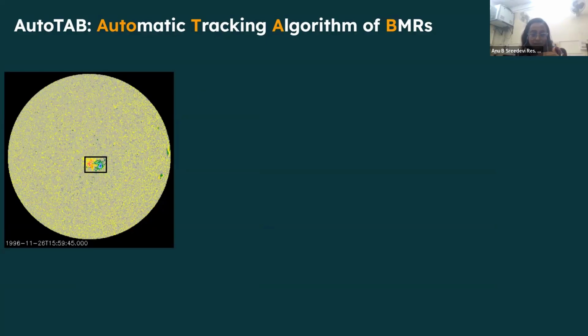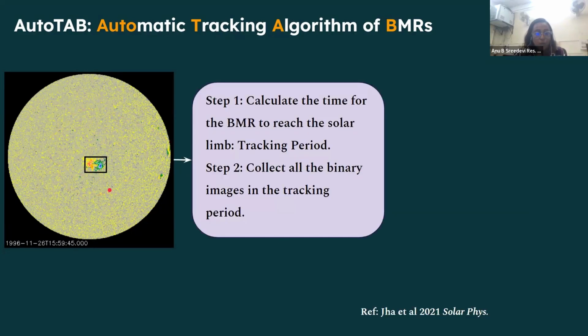So we are calling our code AutoTAB, that is, automatic tracking algorithm for BMRs. So now suppose that this is the BMR that we want to track. What I do first is calculate the time which this BMR will take to come to the limb. We very well know the differential rotation rate at different latitudes, so we can easily calculate that.